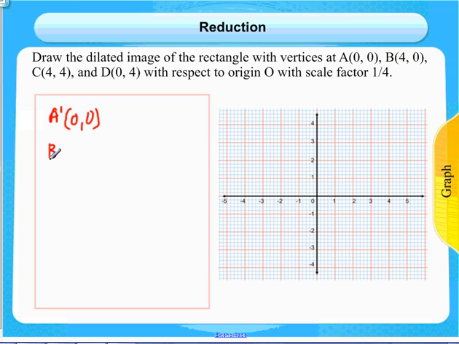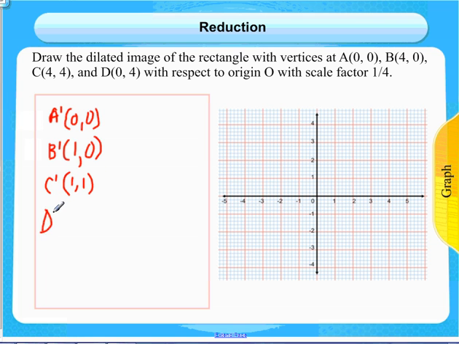My image of B. So I have 4 times 1/4, which is actually going to be 1, and 0 times 1/4, which is going to be 0. My image of C, which is 4 times 1/4, which is 1, and again 4 times 1/4, which is again 1.